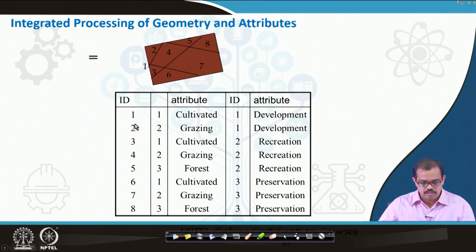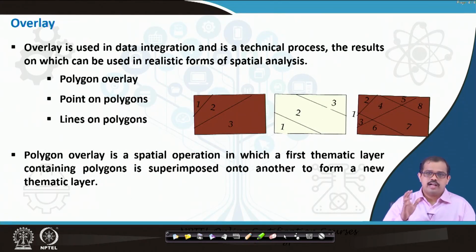The attribute value 2 here is grazing, and again the ID value is 1, that is development. Both of these can happen when you are using both of the layers. The attribute value can be 3 and again the ID can be 3, and there can be an ID that is 2, which is recreation, and the attribute 2 which is grazing, again with 2 being recreation. So these are different combinations of different IDs and different values in both maps, with different geometry and different attribute values.